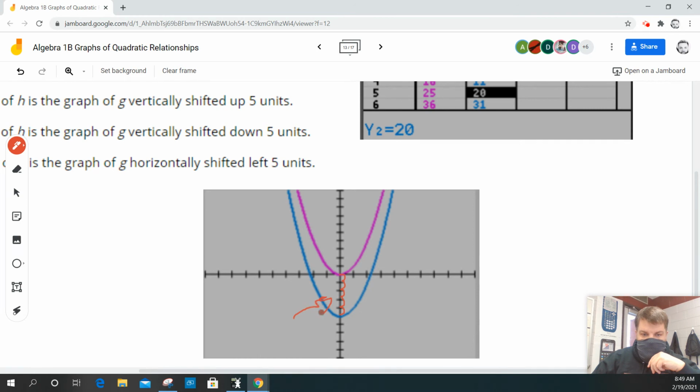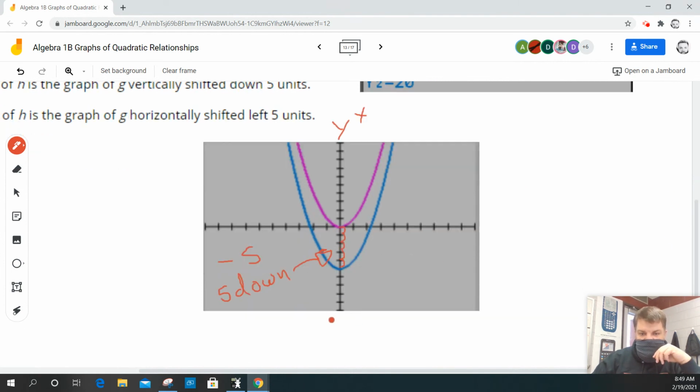That's an arrow. The minus 5 makes it go 5 down. Okay. And so remember on the y-axis, because we're changing it, if you go up, it's positive, but if you go down, that's negative. So because this is a negative 5, we go down.